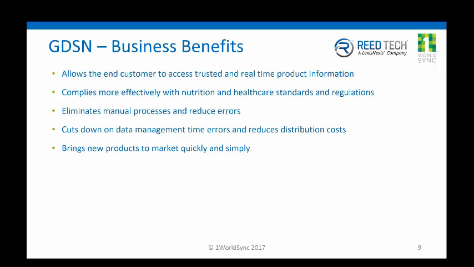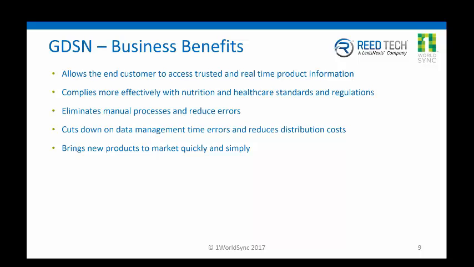So the business benefits around the GDSN. Well, it allows the end customer to access trusted and real-time product information, like I mentioned before. It gives an opportunity for the people sending the data to the GDSN via a GDSN certified data pool like One World Sync. It's real-time data, so that data is getting changed automatically within the GDSN.